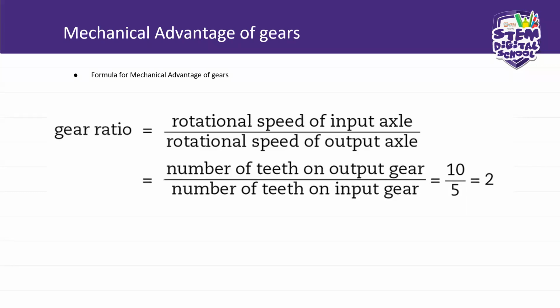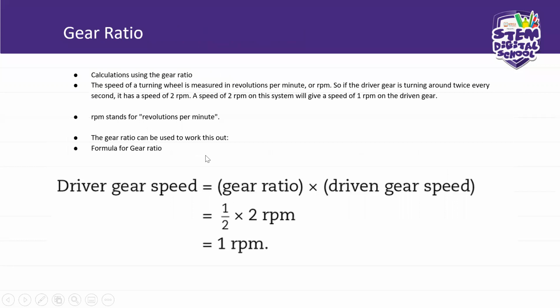When you talk about input and output in gear systems, the number of teeth becomes important. So this is a formula for the gear ratio. Now, calculations using gear ratio.